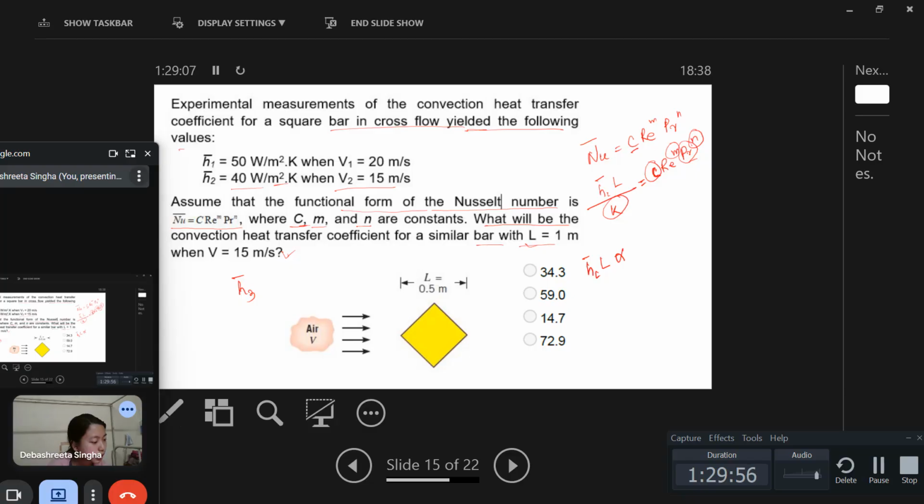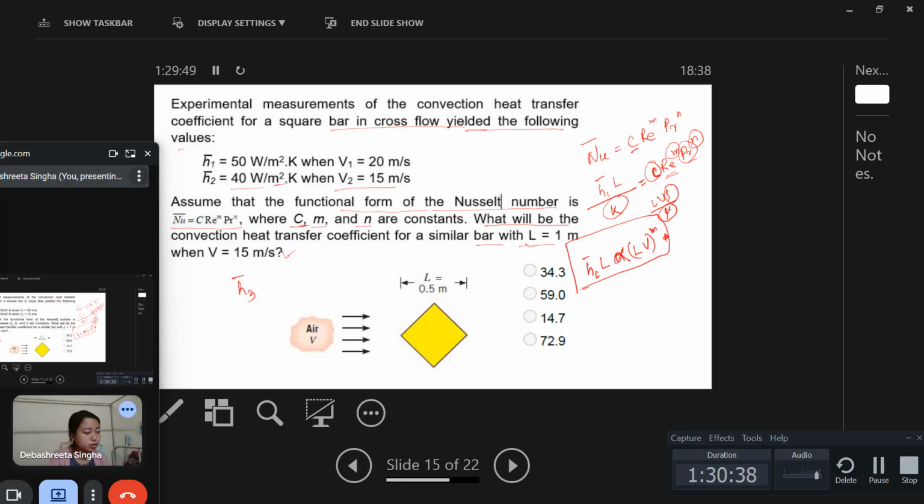Now Re is L V rho by nu. Again nu is constant and rho is constant, and both L and V are varying. So (L V) to the power m, and Pr is constant so you don't need to write it. If you remove all the constants, you can just write the proportion: h L is proportional to (L V) to the power m.